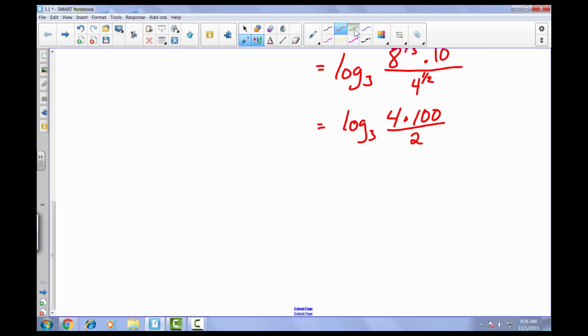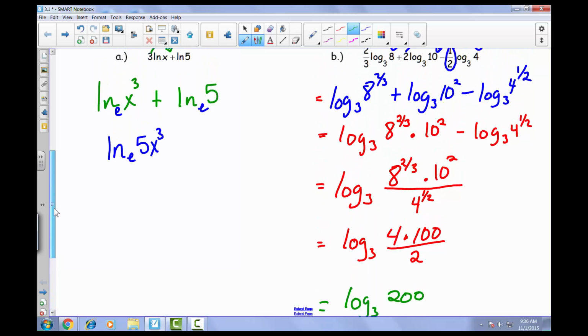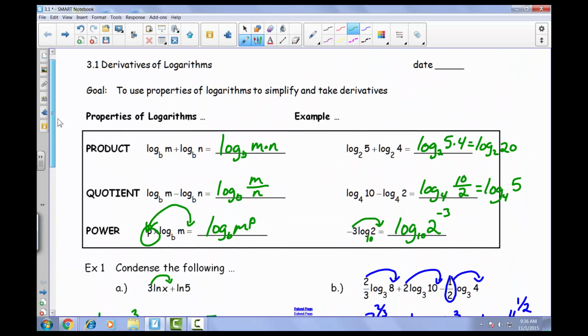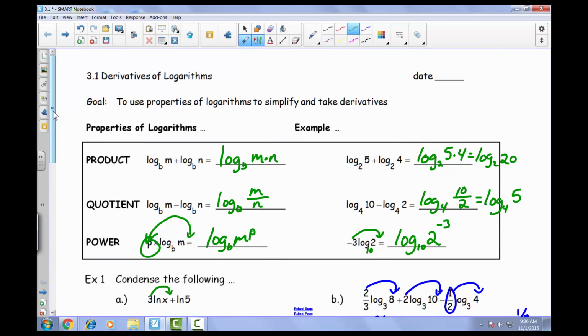And when you simplify everything, our log with the base of 3 will be of 200. So there we've condensed it as much as possible. Again, that is example 1 from our 3.1 set of notes.